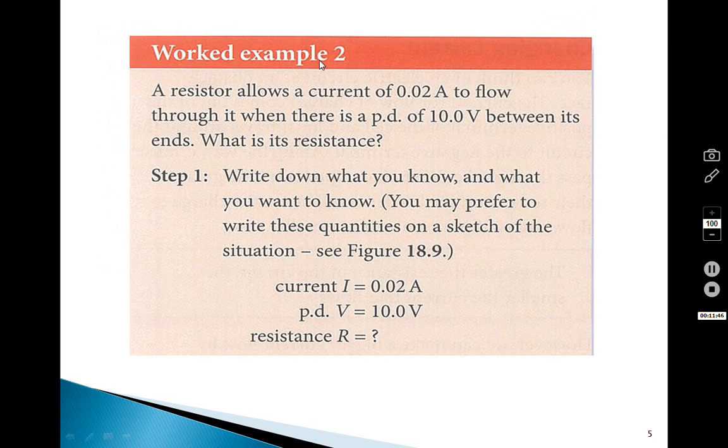Now we will take this example for more explanation. Work with example 2, which I think is on the same page, 191.